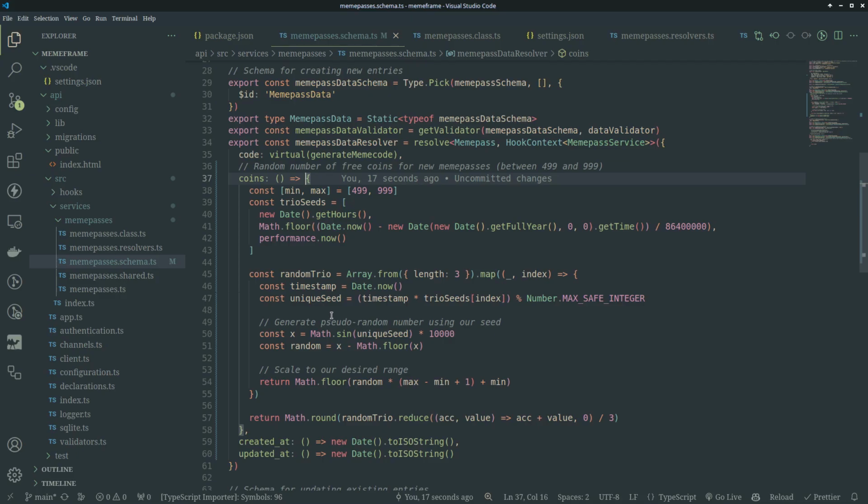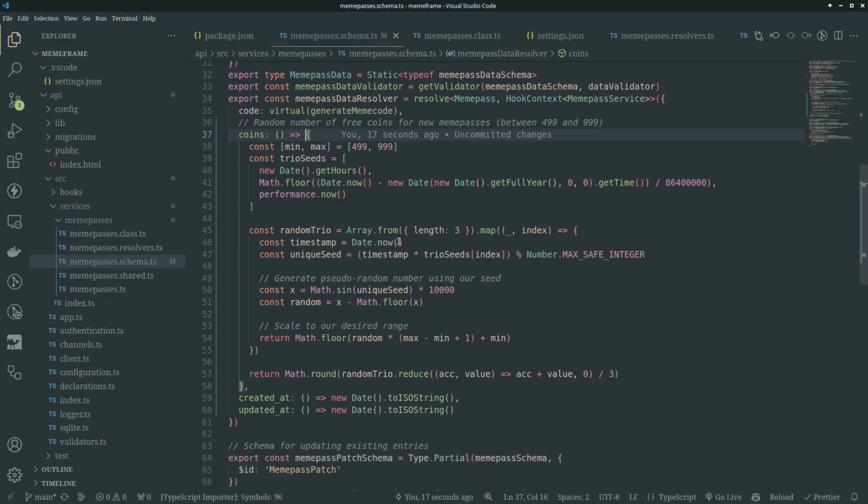I wanted these coins to be random to make it more interesting. The free coins are going to be random, between 499 and 999. And yeah, I created this.